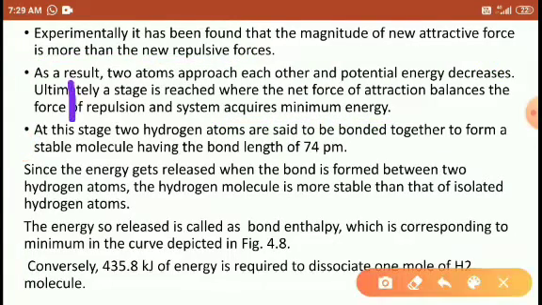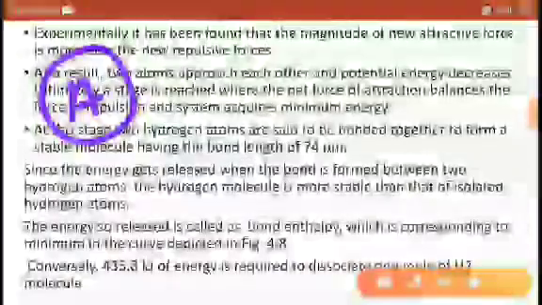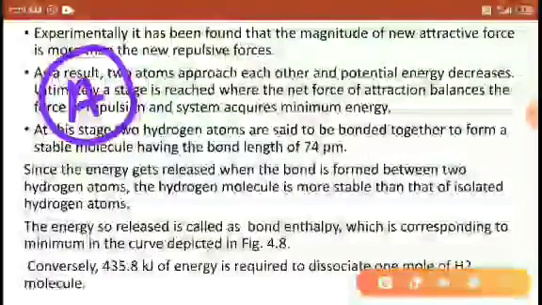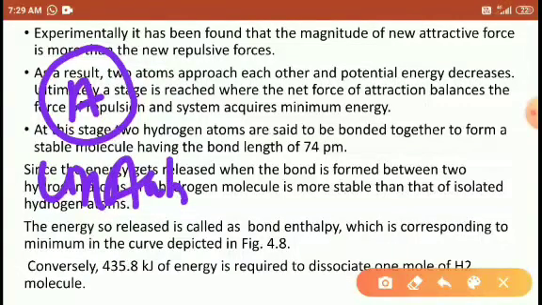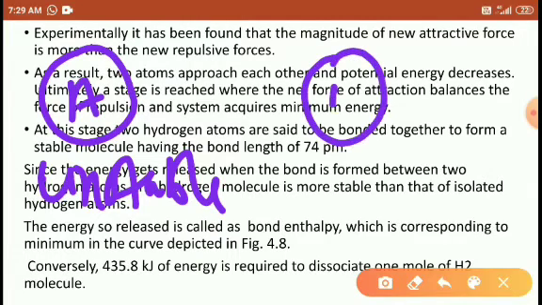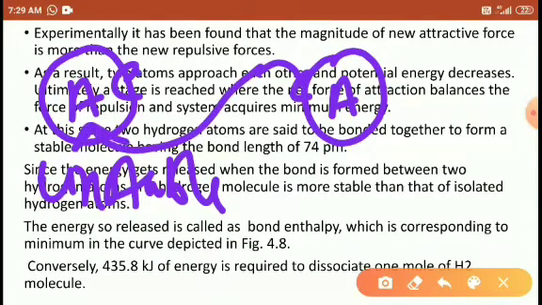So when atoms are present in the single atomic state, they are considered unstable, right? When they try to attract another species, this electron approaches this nucleus, and these electrons approach this nucleus.